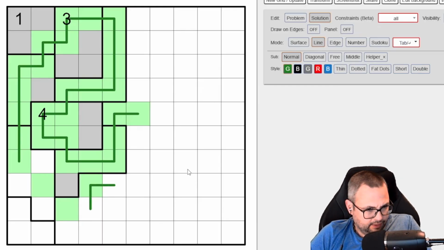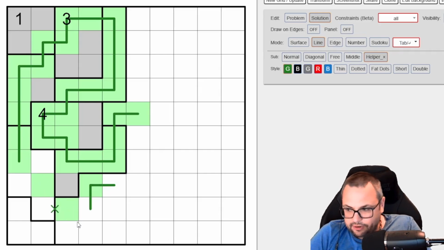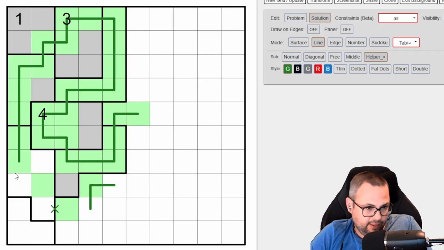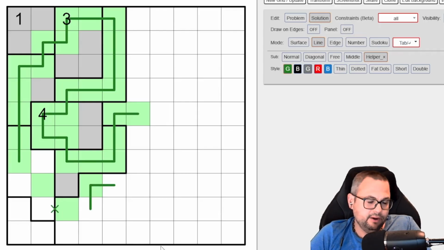And now the thing that I'm trying to use here that I think is kind of interesting, I'll often mark it with an X like this, is I cannot cross from this country into this cell, because if I do that, I've now made it impossible for the path to enter and exit this, because it can only enter and exit through this and whatever shape goes down here.